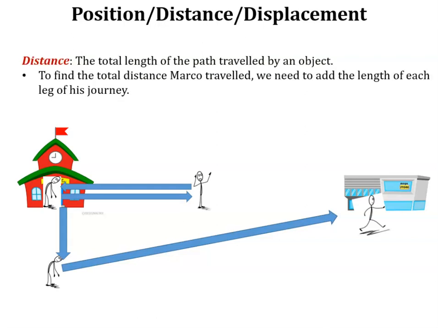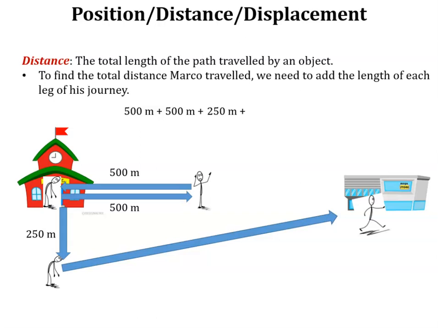So now let's talk about distance. Distance is the total length of the path traveled by an object, in this case Marco. So if we want to find the total distance Marco traveled, we need to add the length of each leg of his journey. So he went 500 meters, and then he went back 500 meters, and then he went 250 meters, and then he went this weird little angle thing.